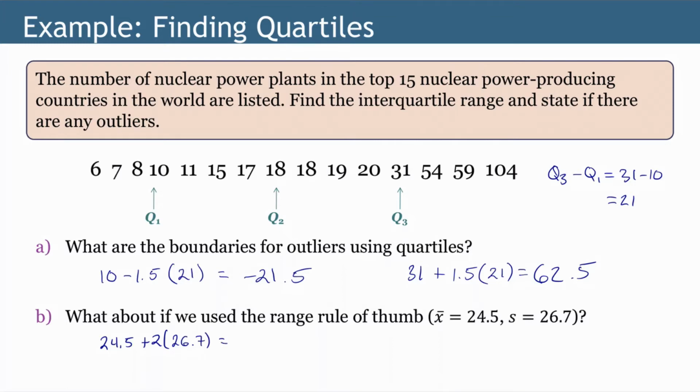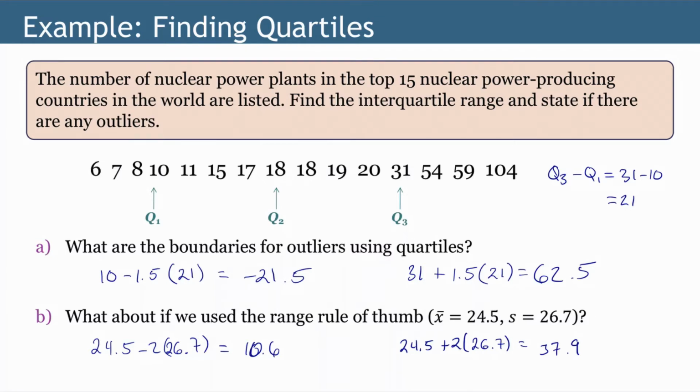Actually, let's move this over here because that's the upper one, and 24.5 minus 2 times 26.7. I typed 6.7, it's 26.7.